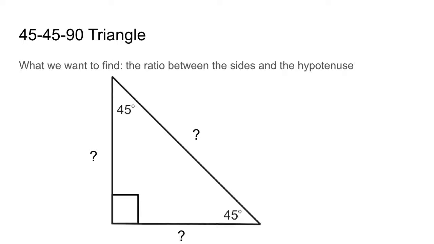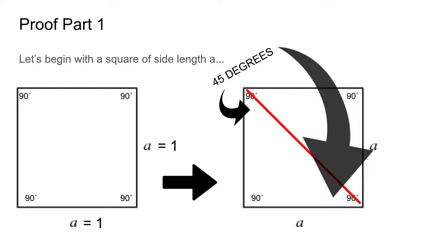Now, looking at our second special triangle, we're going to be discussing the 45, 45, 90 triangle, which is named this similarly because of its degrees 45, 45, and 90. What we want to find is the ratio between the sides and the hypotenuse. To achieve these ratios, we want to begin by drawing a square of side length a, or 1.